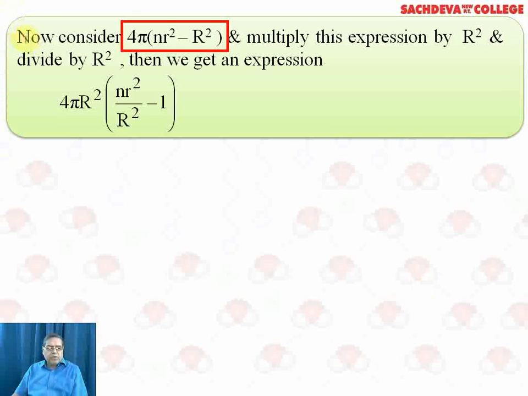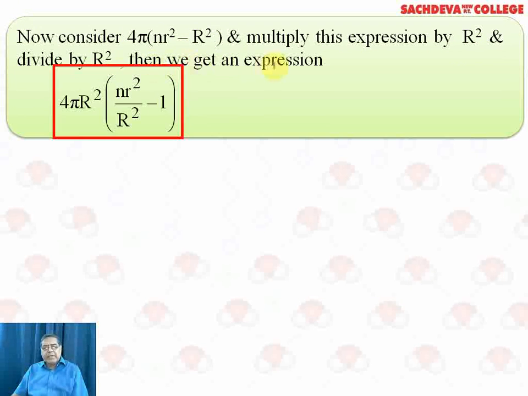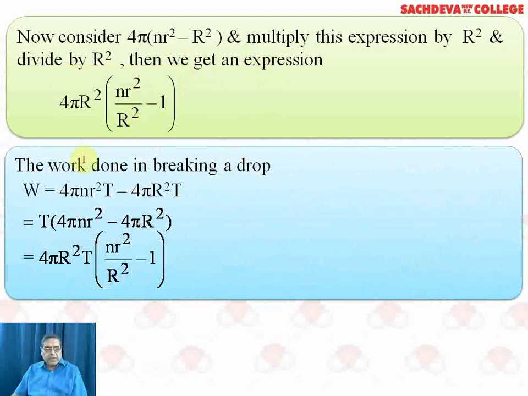Now consider 4π(nr² minus R²) and multiply this expression by R² and divide by R². If we do so, then our net expression after division will be 4πR² into (nr²/R² minus 1). Now the work done. When we speak of work done, it is force into displacement.